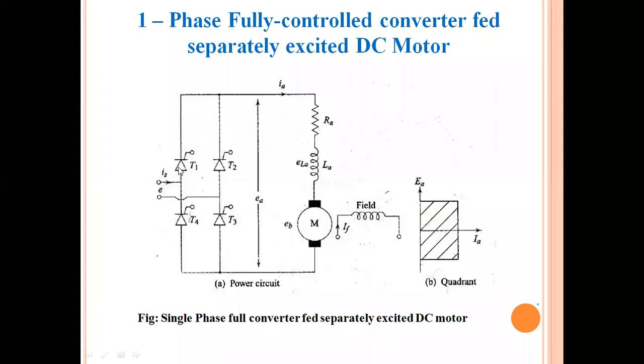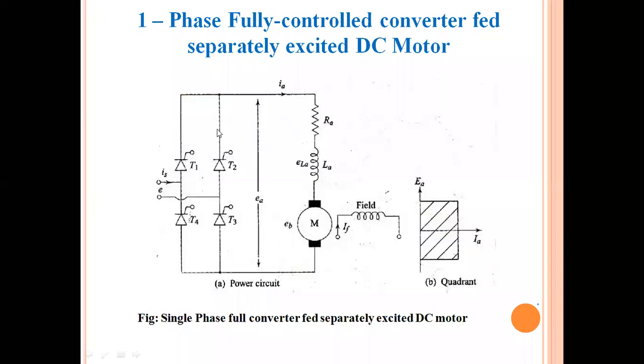See, this is the fully controlled converter. Now you can see the number of thyristors here: T1, T2, T3 and T4. All four are thyristors, and all four thyristors are controlled switches. So that is the reason why this converter is known as a fully controlled converter.